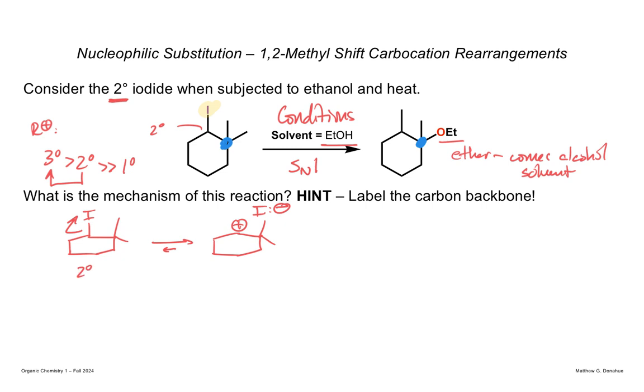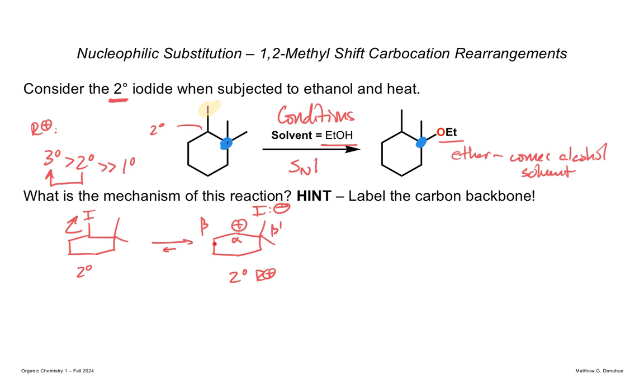We start with a secondary iodide, and that generates a secondary carbocation. And so if we're using this nomenclature of that being the alpha carbon, there's two beta carbons associated with this. So I'll say beta and beta prime. So beta has two hydrogens.